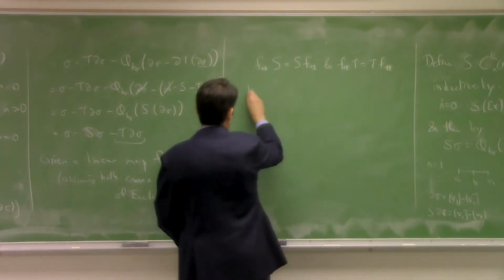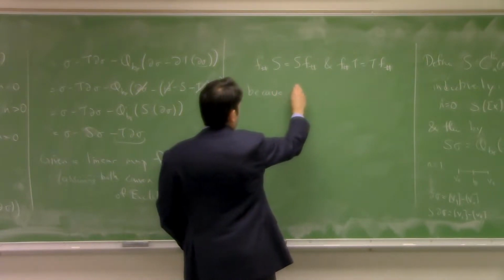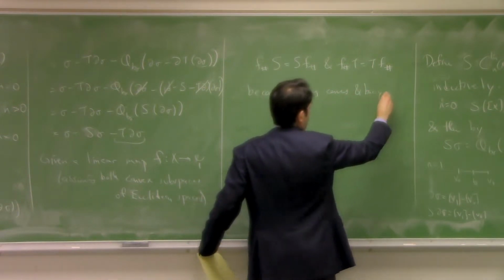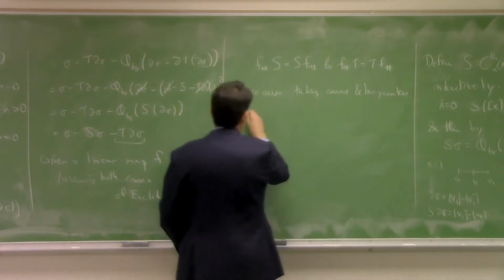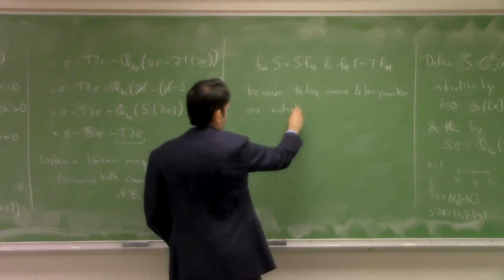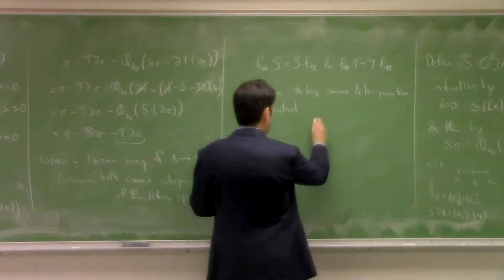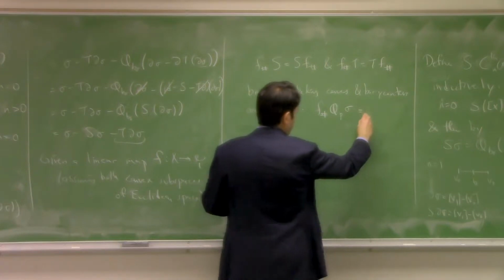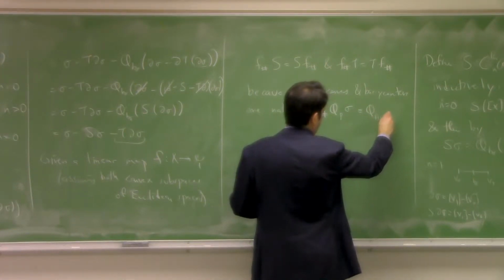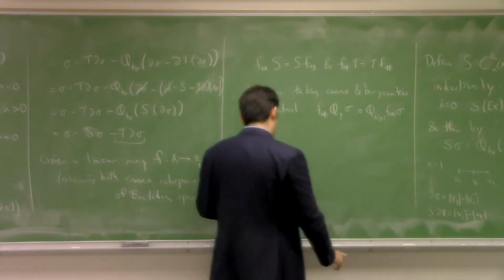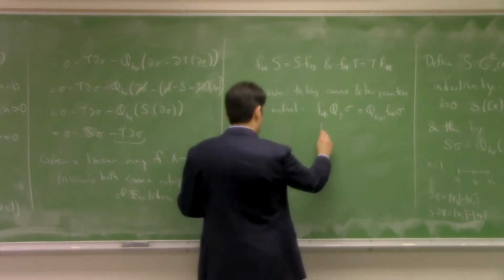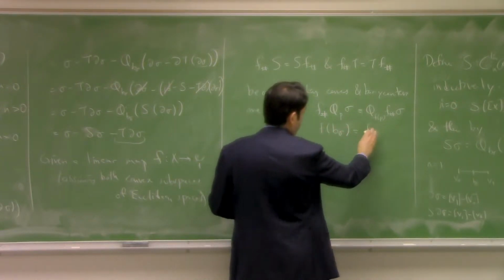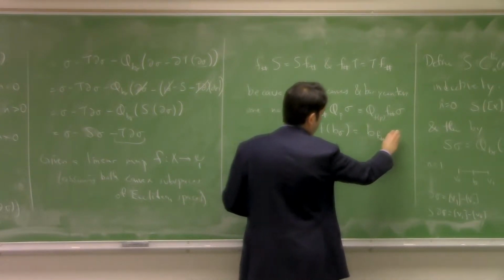And this is because taking cones and barycenters are natural. Meaning specifically that if you do f sharp of q_p of sigma, you get q_f(p) f sharp sigma. And if you do f of b sigma, that is the barycenter of f sharp sigma.